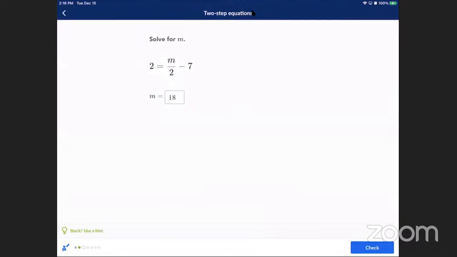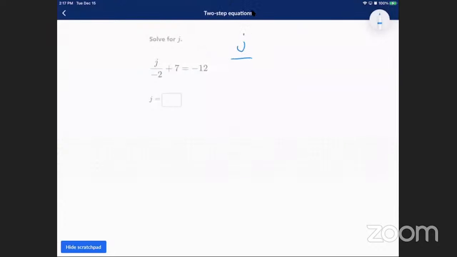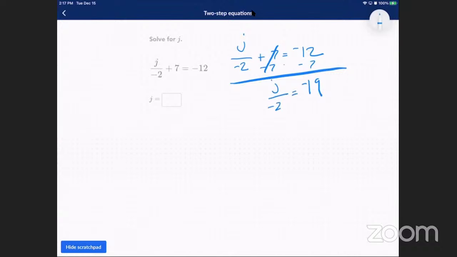And we have this one. We will use j over 2 plus 7 equals negative 12. And then you have here, we have negative 12 minus 7, and then that would be negative 19. And then you have j, and then you would have, redo the, what do you call it again?